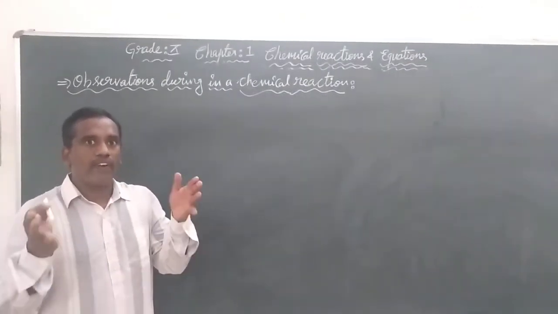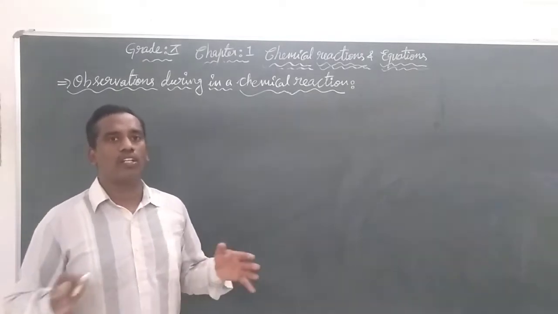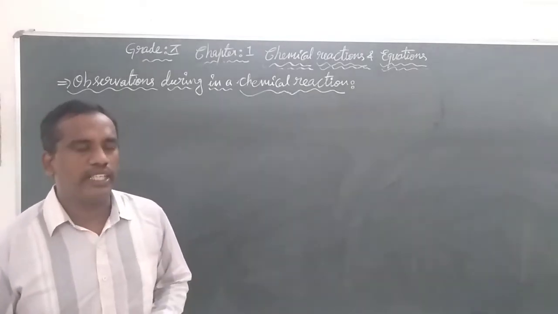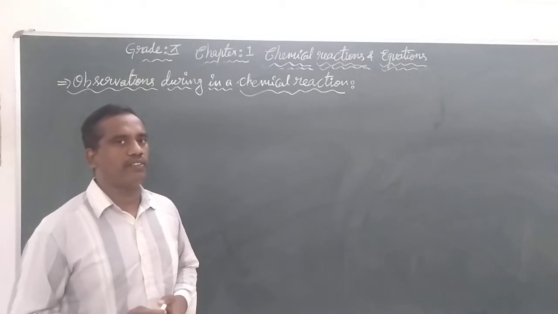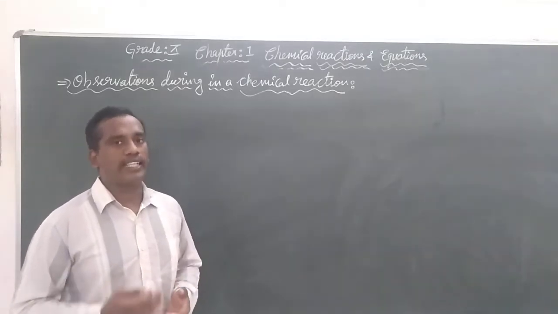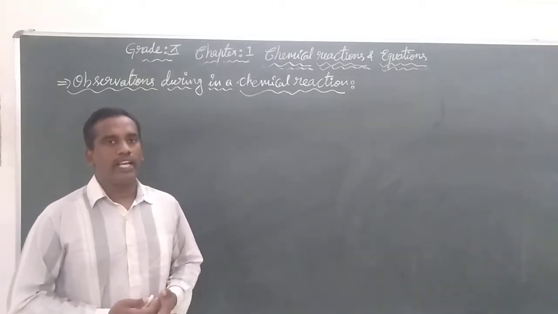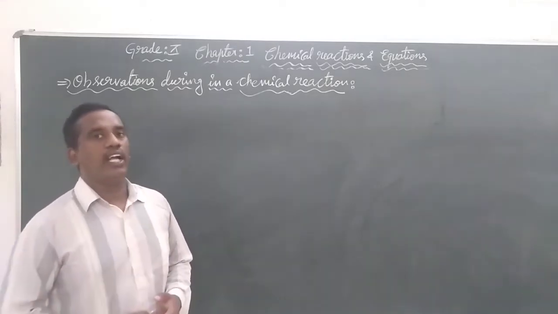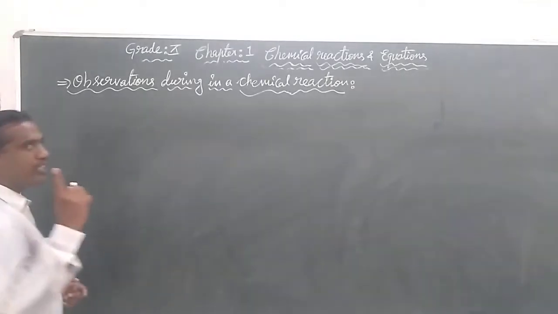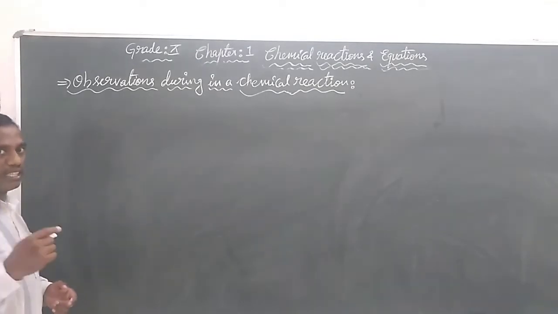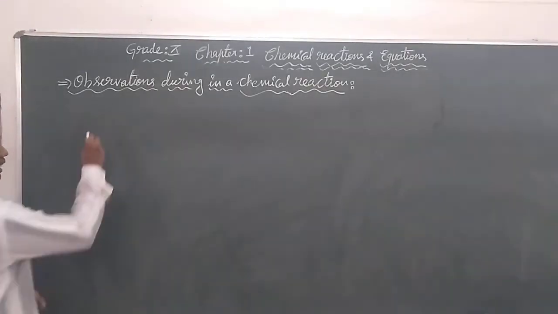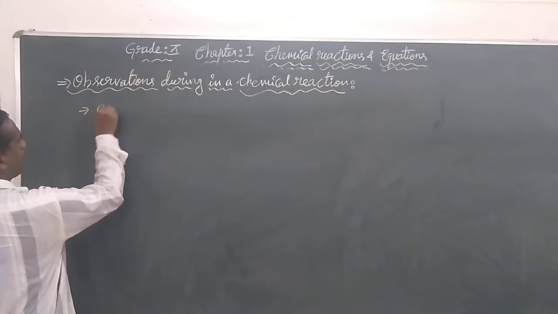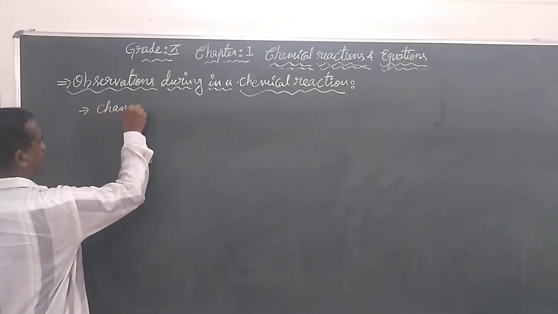Now we are bringing the final conclusions for all three activities that we learned: activity 1.1, activity 1.2 and activity 1.3. In activity 1.1, what did we conclude? We observed that in the chemical change there is a change in state.